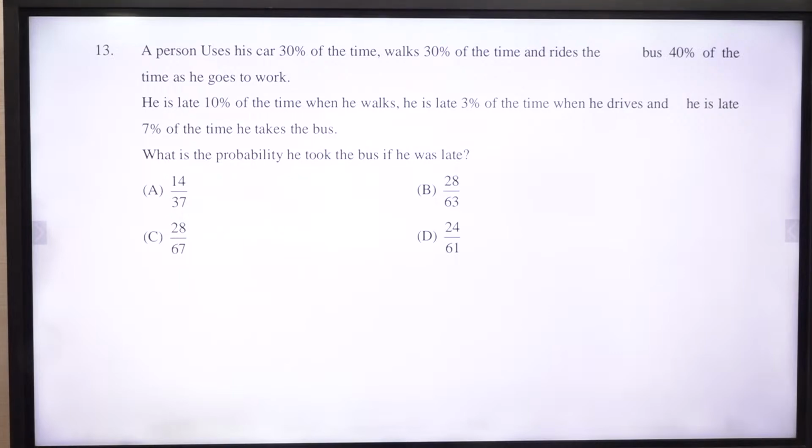Anyone who got the answer, please write your answer in the chat box. क्वेश्चन को ध्यान से पढ़ो.